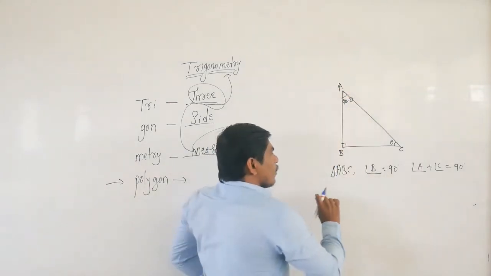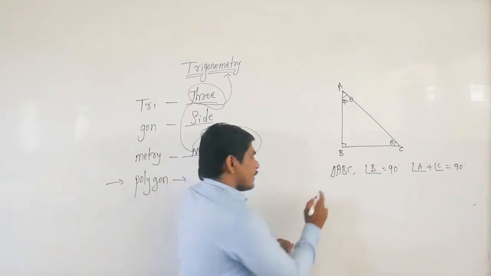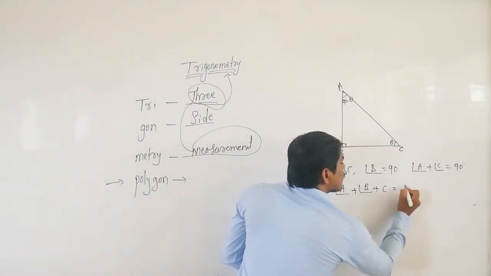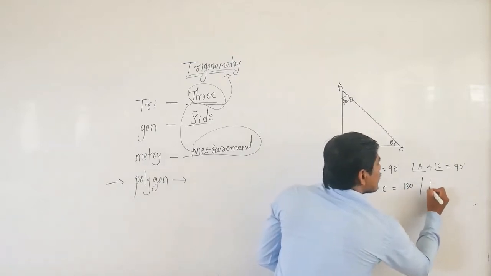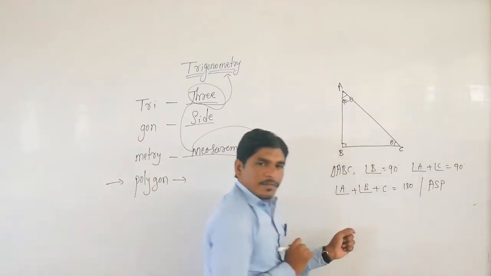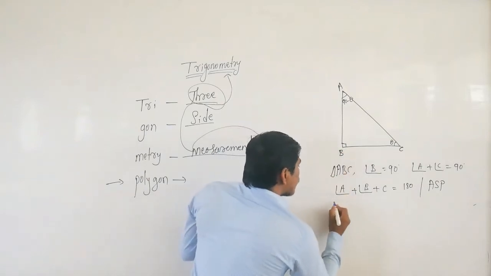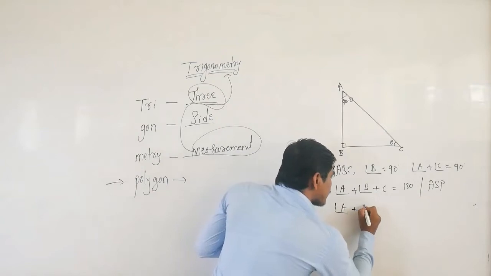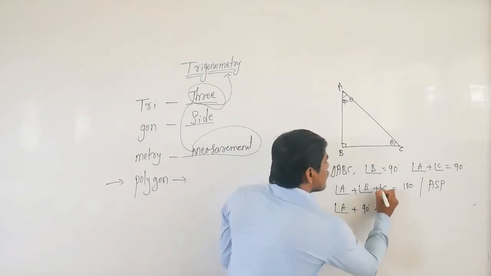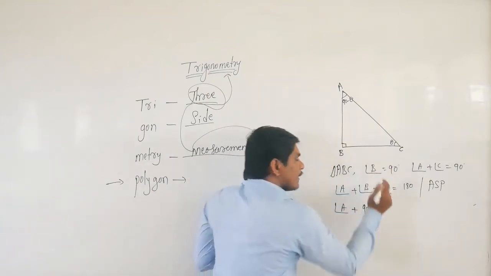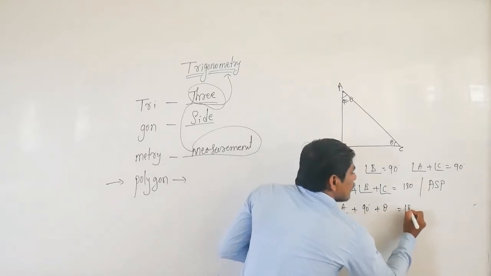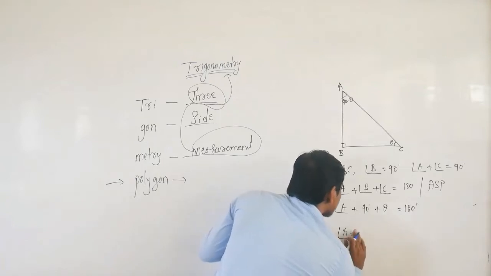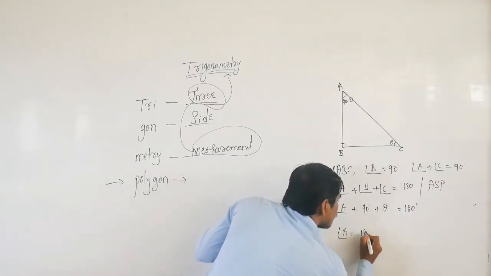How? See here. By using the angle sum property in a triangle, angle A plus angle B plus angle C is equal to 180 degrees. Now angle A is angle A, angle B is 90 degrees as given, and angle C is theta, which we considered. So 180 degrees, then angle A is equal to 180 minus 90 degrees minus theta.